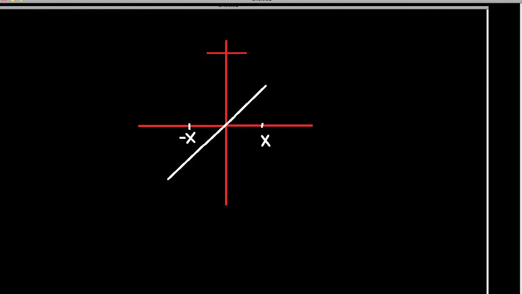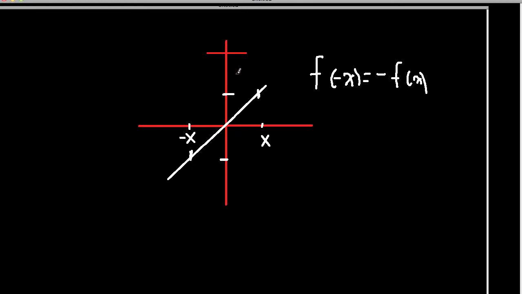okay? And if we have a situation where f of minus x equals negative of f of x, so here this is f of minus x, this is f of x, and this has a positive value, and this has an equal but opposite negative value, then we say that the function is odd.